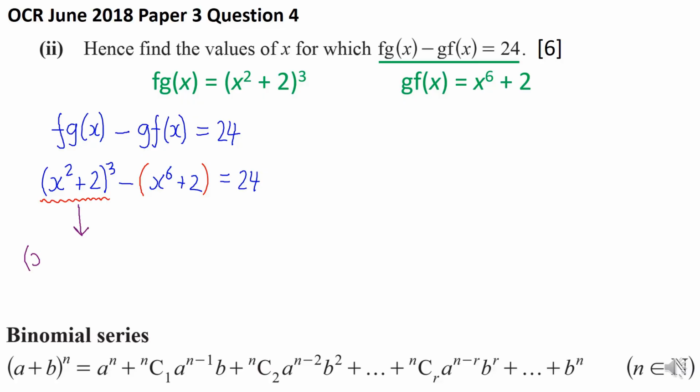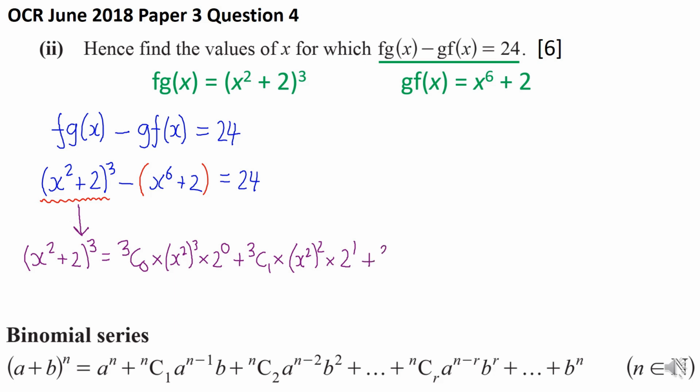So x squared plus 2 cubed equals 3C0 times x squared cubed times 2 to the power of 0 plus 3C1 times x squared squared times 2 to the power of 1 plus 3C2 times x squared to the power of 1 times 2 squared plus 3C3 times x squared to the power of 0 times 2 cubed. All this has to be simplified.